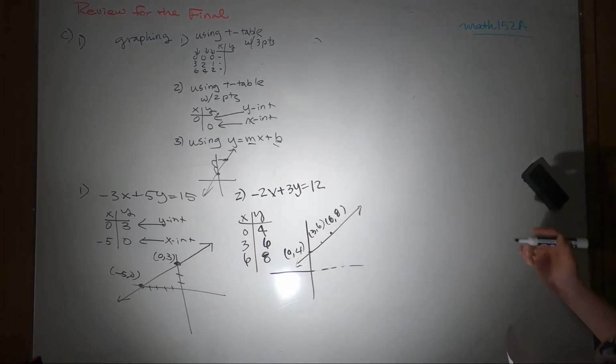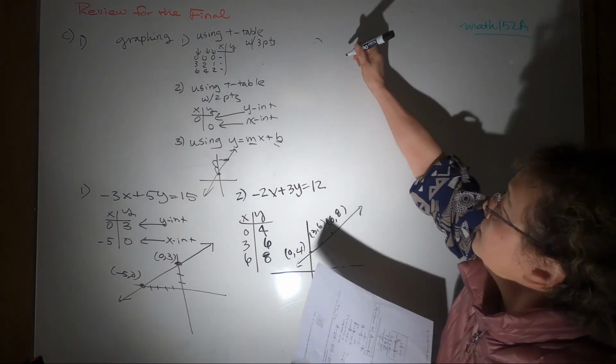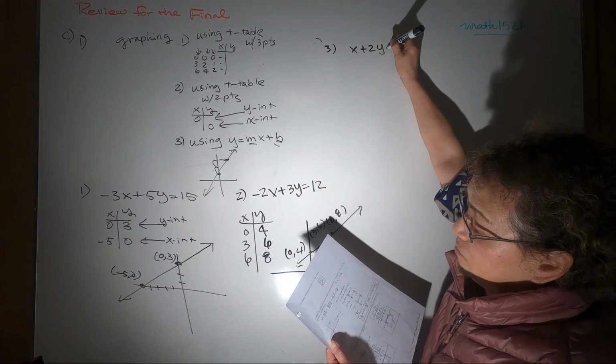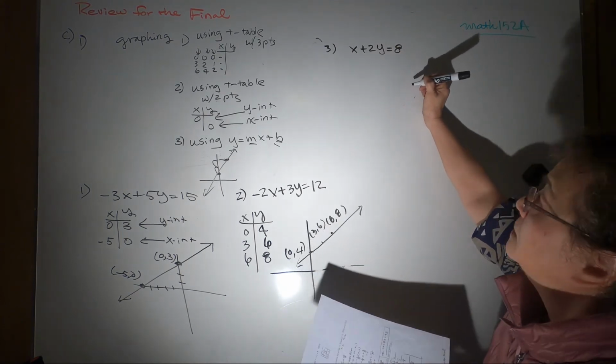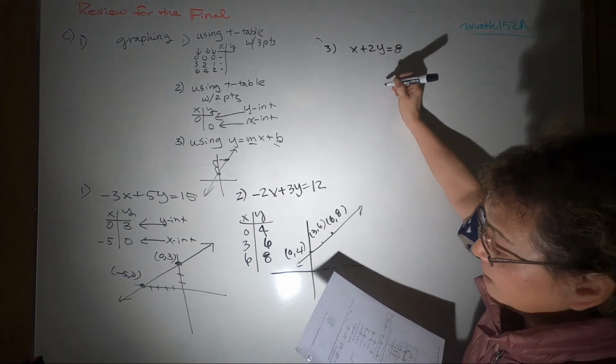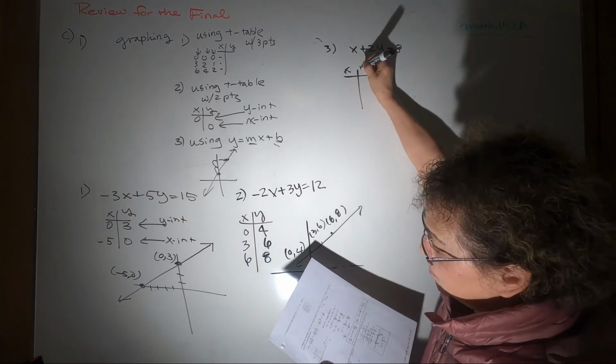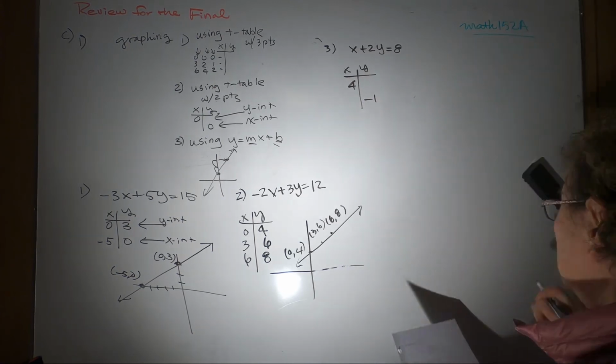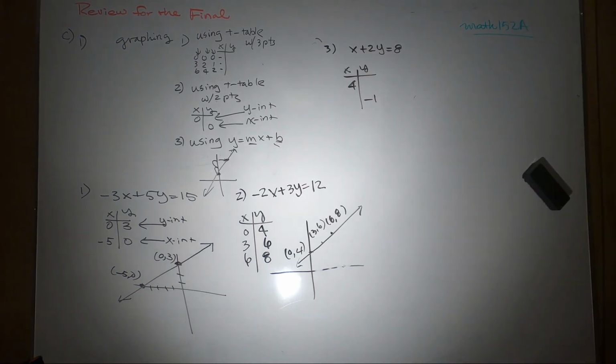And if we have this one, say that's just a simple one, x plus 2y equals 8. Then we ask you, if x is 4, y is negative 1, what's the order of the pairs? It's just your t-table, so you plug in.